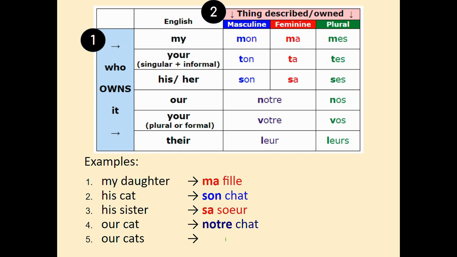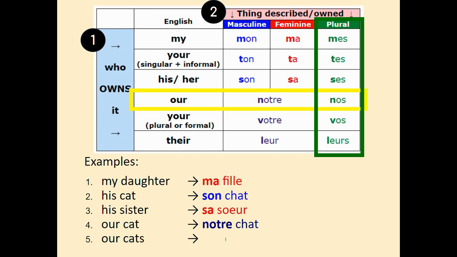Let's do number 5 to finish. Our cats. So step number 1, who owns it? Same line as earlier, our, notre or nos. And cats. Now, again, if I look up in the dictionary, it will say le chat, it's masculine. But what do I see here? Cats. There is an S. So, although I do still need to look it up in the dictionary so I get the right spelling, I choose the last column, plural.